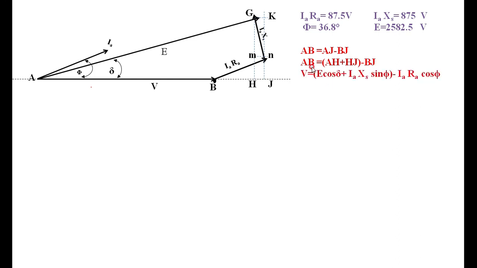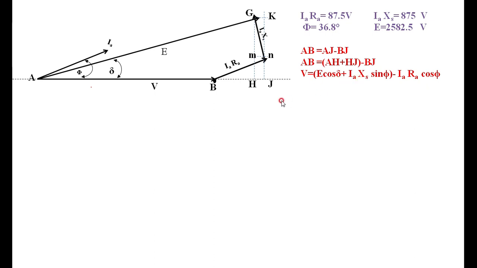Therefore, AB is nothing but V. What is AH? This is A to H. Take the triangle AGH: the hypotenuse is E, the adjacent side is AH, therefore AH is equal to E cos delta, where this angle is delta.